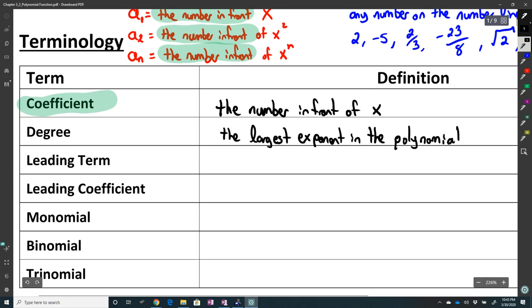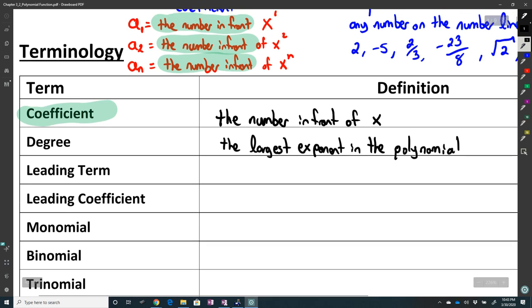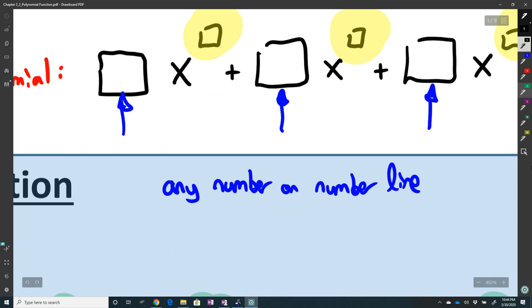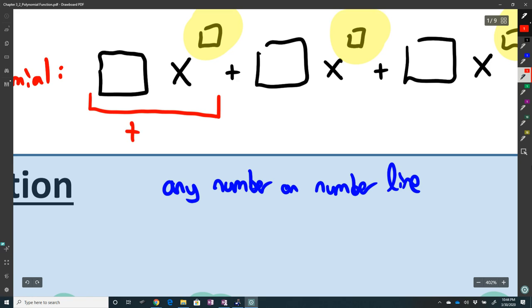The leading term is the term. So if I go back up here, more stuff I need to clarify. Each of these guys here is a term. Anything separated by a plus or minus. So right here, this is a term. This is a term.